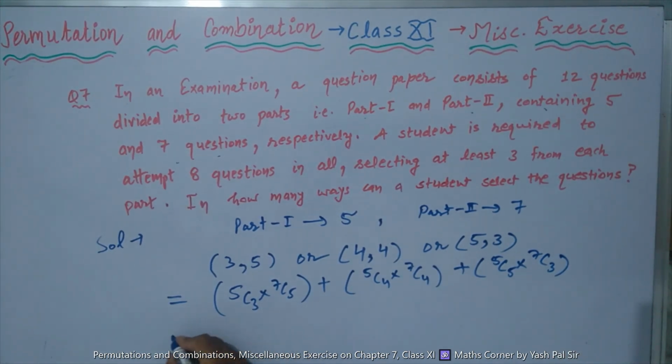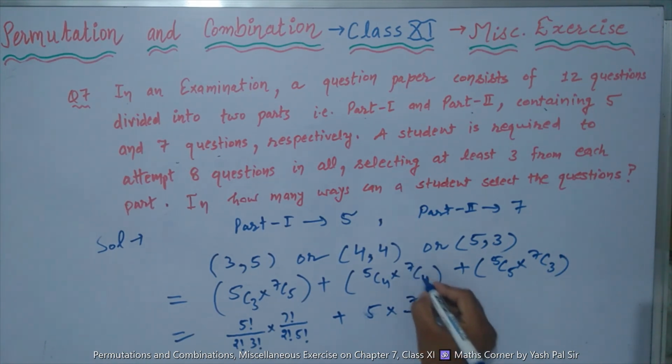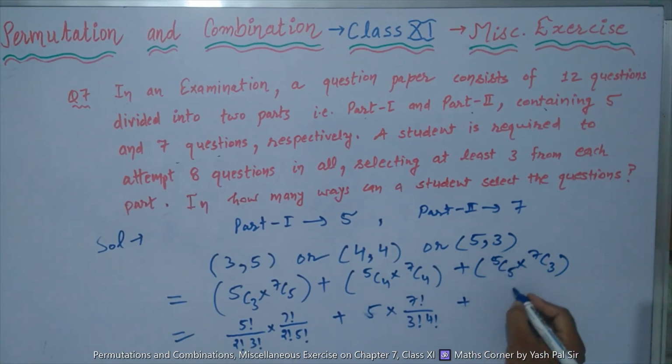Now its calculation: 5C3 means 5 factorial upon (5 minus 3) 2 factorial into 3 factorial, into 7C5 means 7 factorial upon (7 minus 5) 2 factorial into 5 factorial, plus 5C4 means 5, into 7C4 means 7 factorial upon (7 minus 4) 3 factorial into 4 factorial, plus 5C5 means 1, into 7C3 means 7 factorial upon (7 minus 3) 4 factorial into 3 factorial.